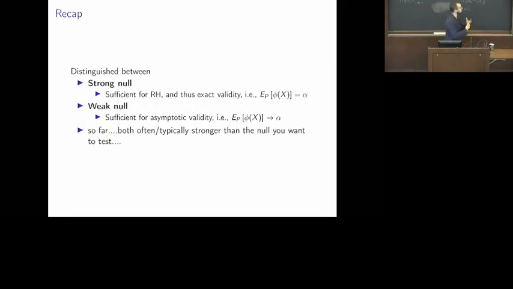Okay, and so we distinguish between the strong null that's sufficient for exact validity and the weak null that's sufficient for asymptotic validity. And then we had this discussion about what's the right marketing for this method. Do you want to say, this is what's important, but if this fails, I have the weak null as a robust backup telling me at least I'm going to be asymptotically valid if I have enough data?